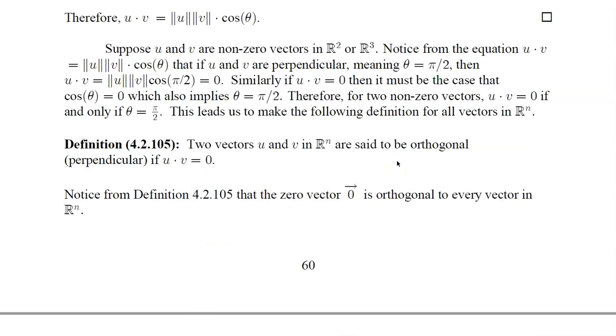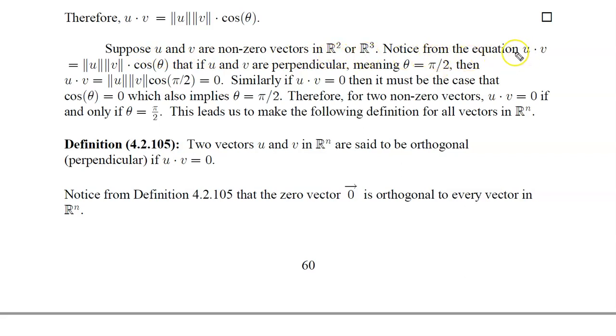Now from this result, we have some very important definitions that follow. So first of all, note this. Suppose U and V are non-zero vectors in either R2 or R3.